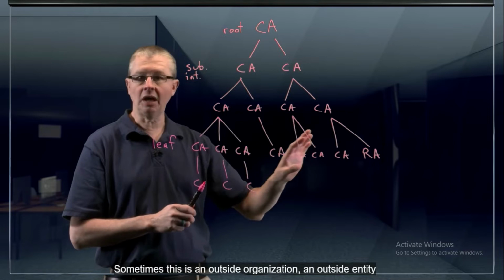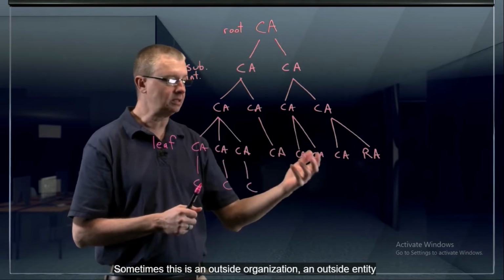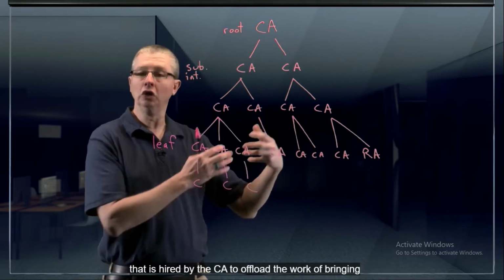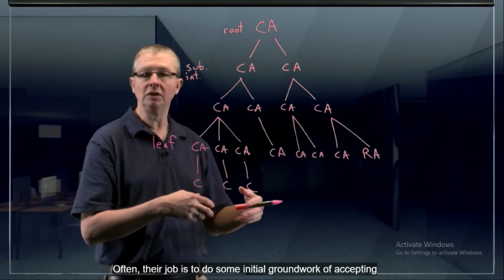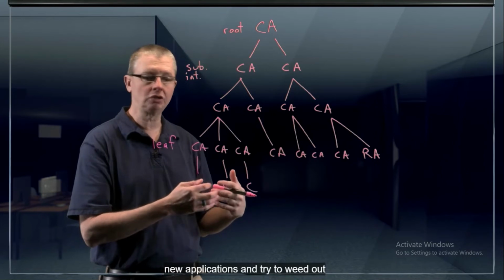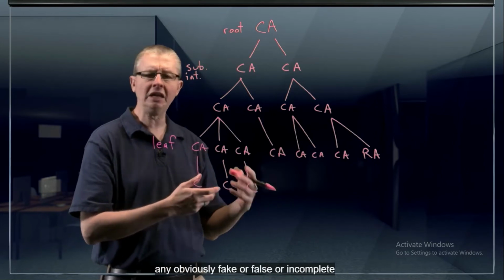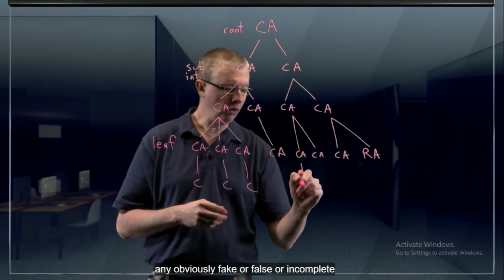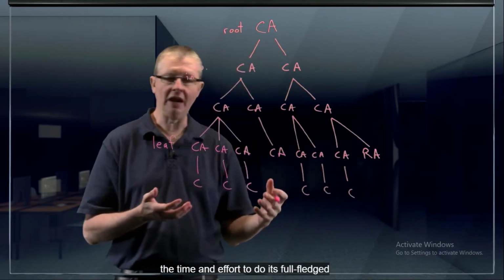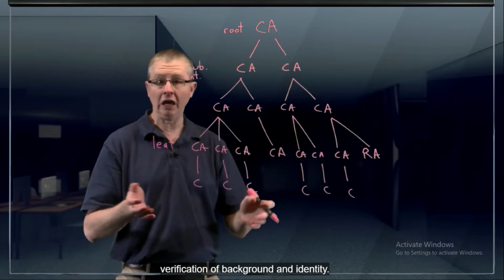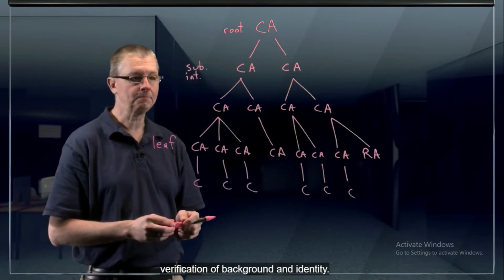Sometimes this is an outside organization, an outside entity that is hired by the CA to offload the work of bringing in new entities. Often their job is to do some initial groundwork of accepting new applications and try to weed out any obviously fake or false or incomplete applications before the certificate authority itself spends the time and effort to do its full-fledged verification of background and identity.